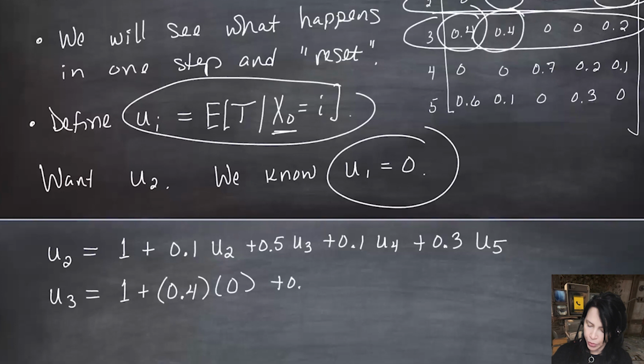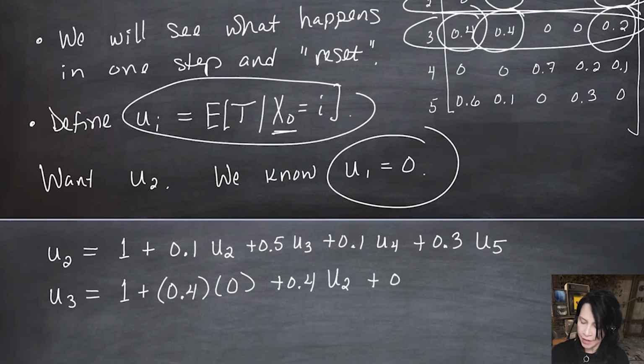So with probability 0.4, I want the expected number of steps to hit state 1 starting from state 2. Now I already took 1 step to go from 3 to 2, and that was counted right here. Finally, looking at the 3 row, with probability 0.2, I have moved to state 5, and I have to start counting from state 5. So I'm going to add on a 0.2 times U5.